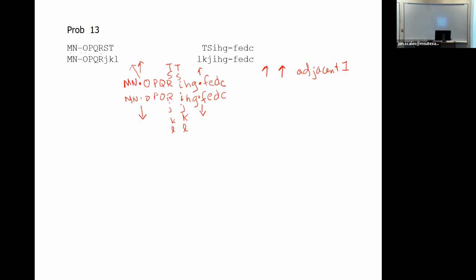So the MN where I drew the arrow is going to go up, and the IHGFEDC arrow chromosome over here is also going to go up. So I'm going to draw this arrow like this. What I'm trying to draw here is that this chromosome over here is going to go up, the chromosome over here on the bottom is going to go up, and the other two are going to go down.